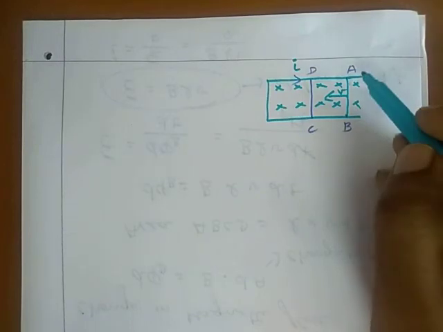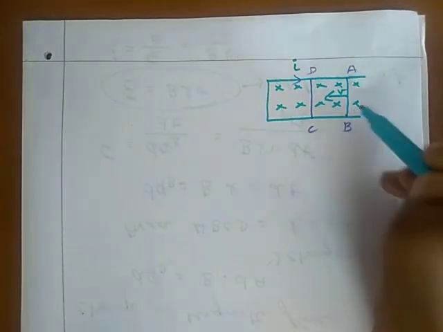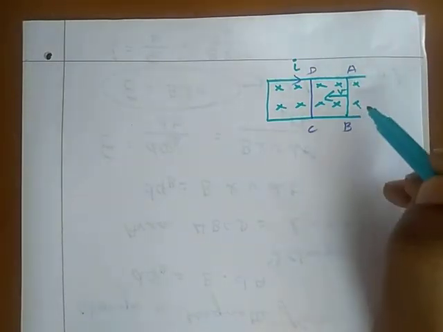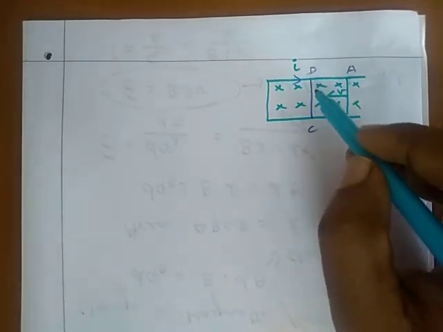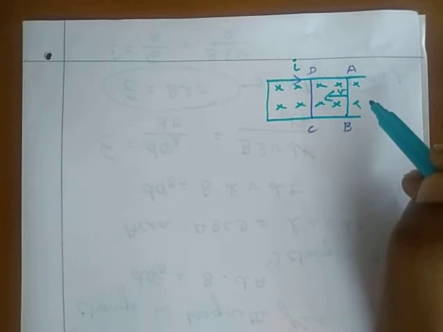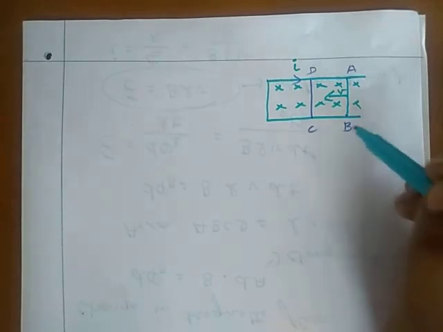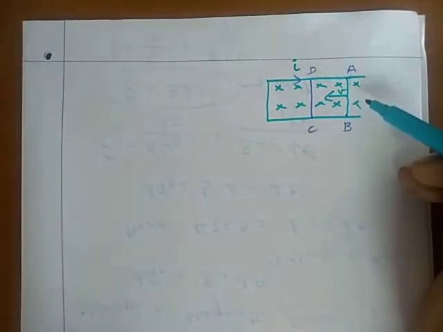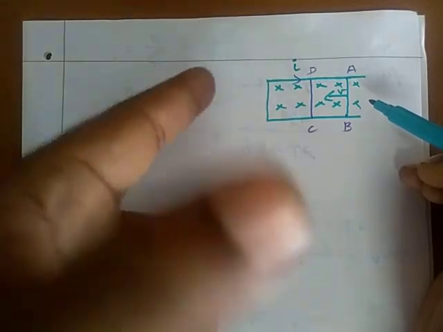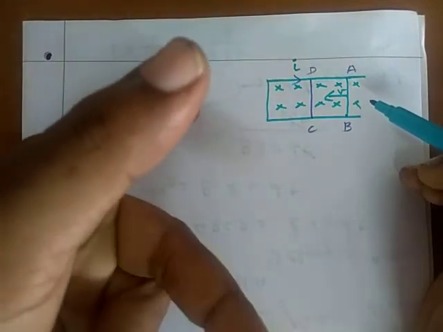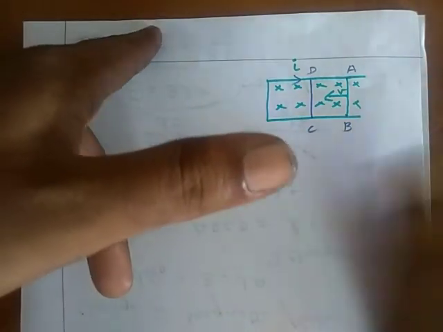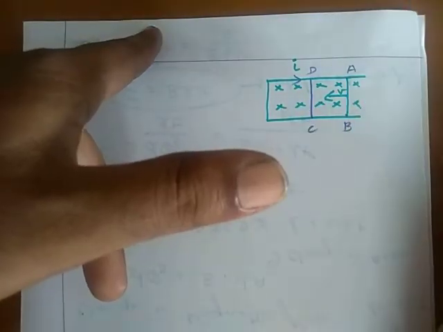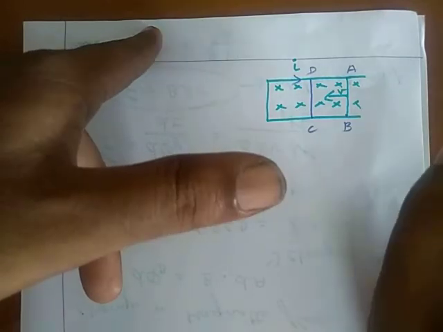Here the conductor carrying current is moving with the velocity v in a magnetic field, so it experiences a Lorentz force. According to Fleming's left hand rule, the forefinger points the direction of the magnetic field, the middle finger points the direction of the current, and the extended thumb indicates the direction of the Lorentz force.